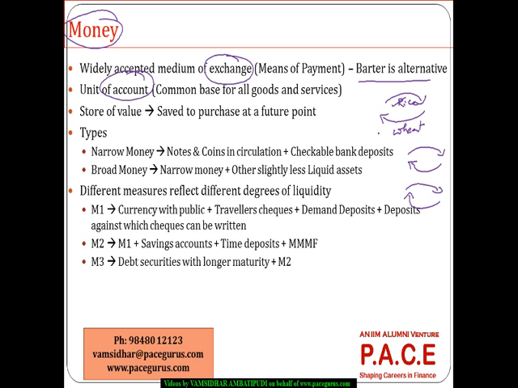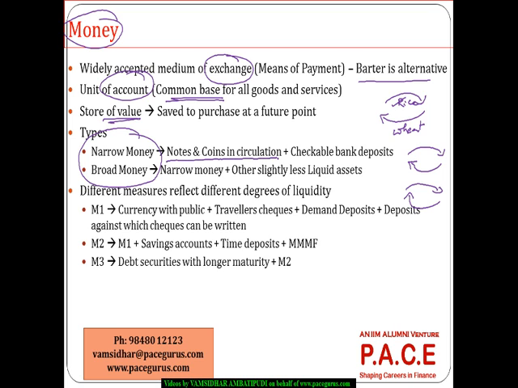It is expressed in dollars, Indian rupees, currencies of different countries, but at the end it is expressed in the form of money itself. So there is a common base that is set for all goods and services. And it's a store of value also, because I can save it today to make a purchase at a future point.